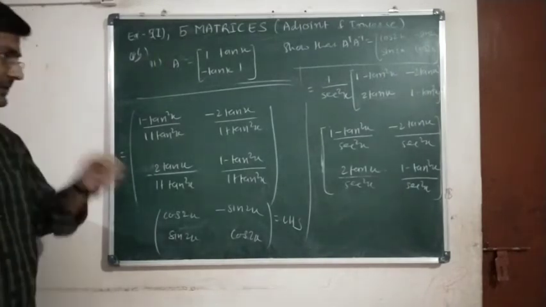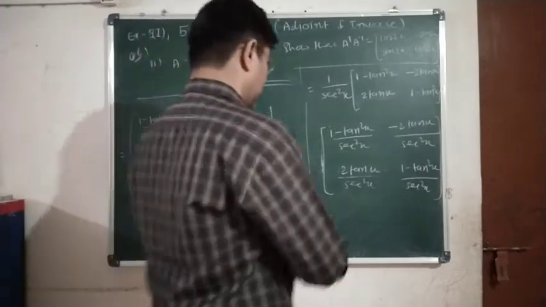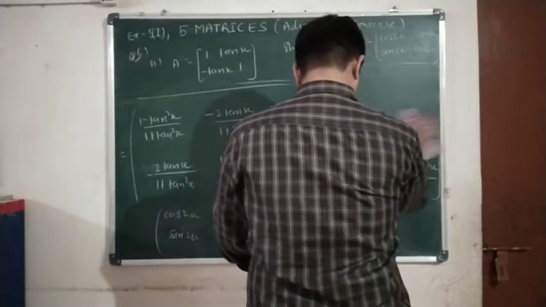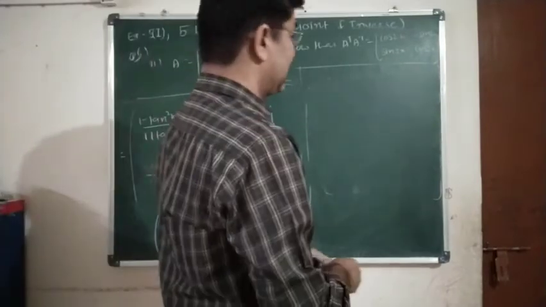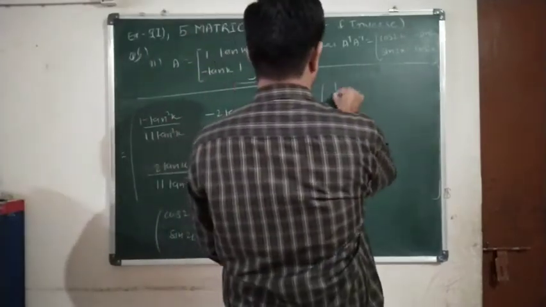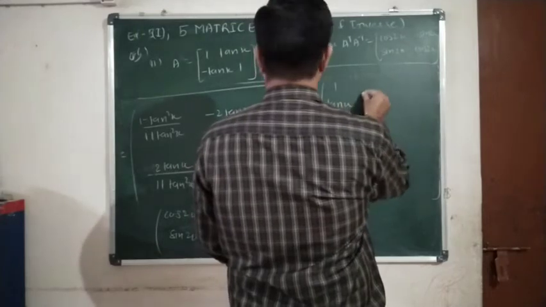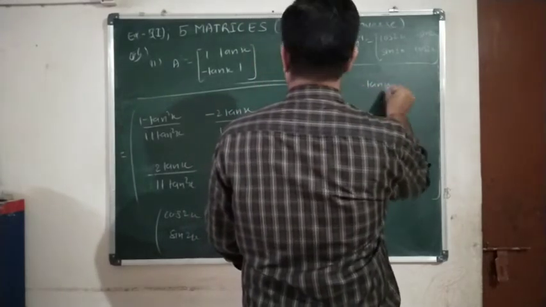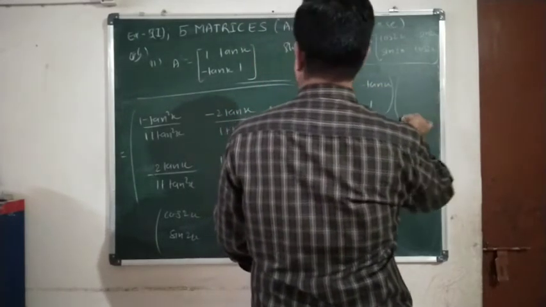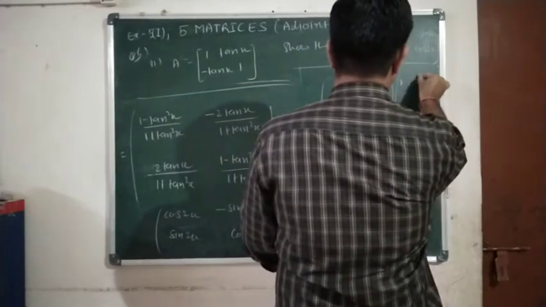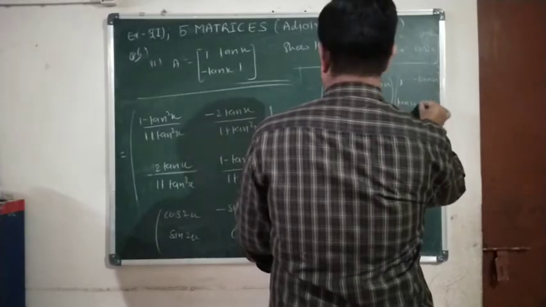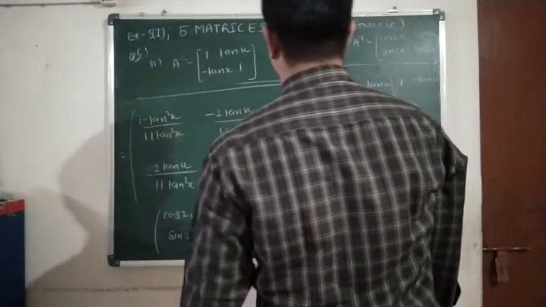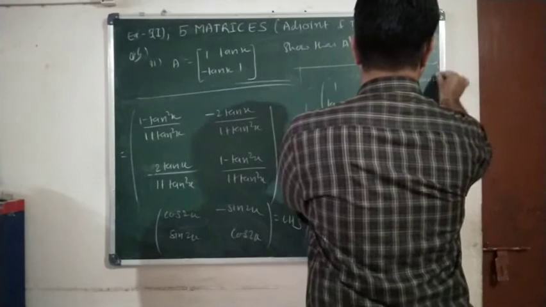Let us once again check where we made the mistake in the multiplication. We multiply A transpose into A. So 1, tan x, minus tan x, 1 into 1, minus tan x, tan x, 1.